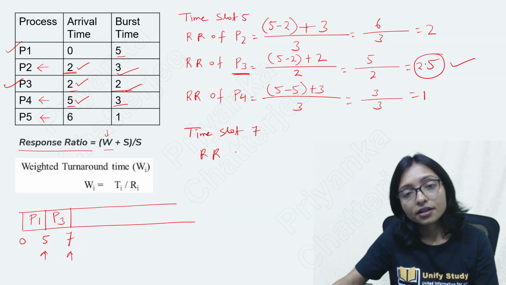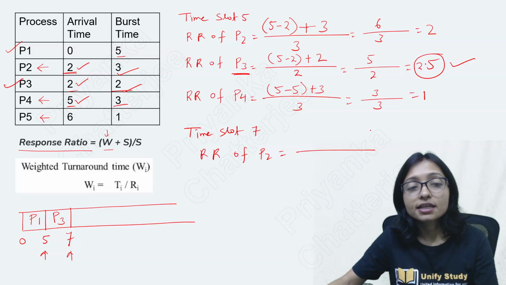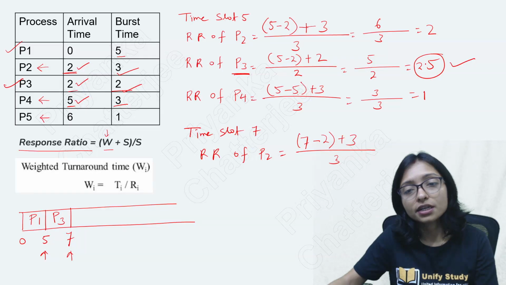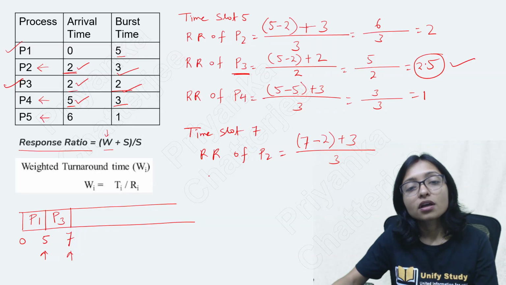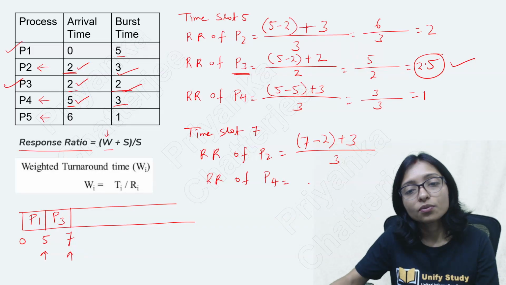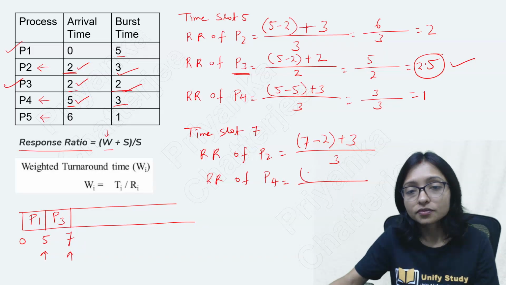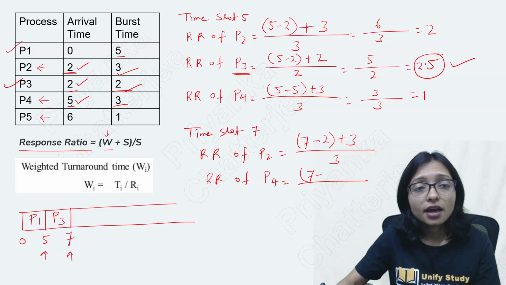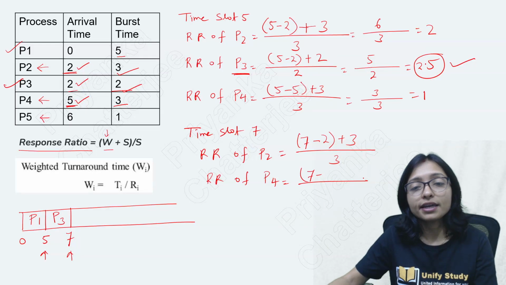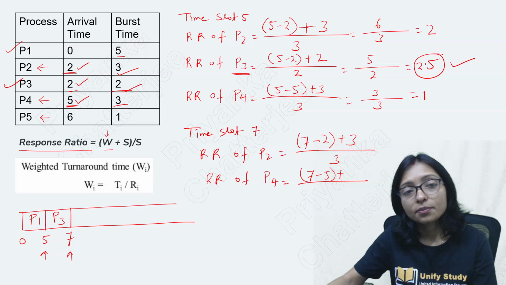As per that, response ratio of P2. What is it? Same way, 7 is the time slot now. When P2 came, time 2, burst time is 3, divide by 3. Response ratio of P4: time slot 7, arrival time of P4 is 5, so 7 minus 5 plus burst time 3, divide by 3.